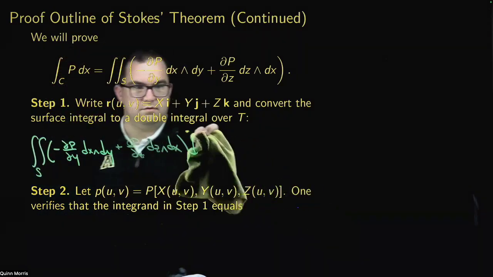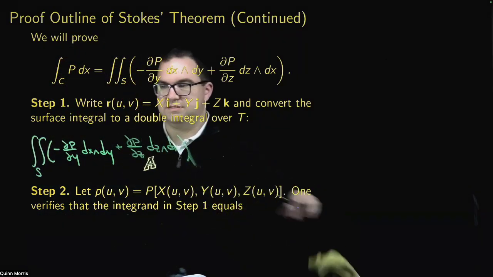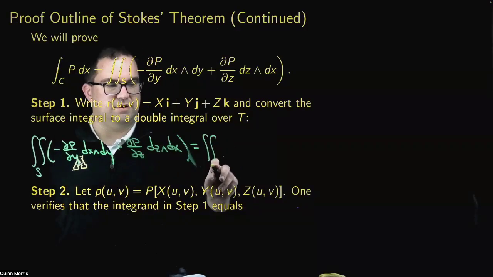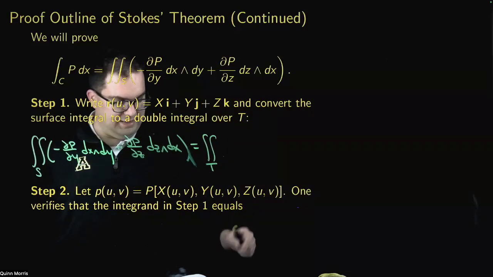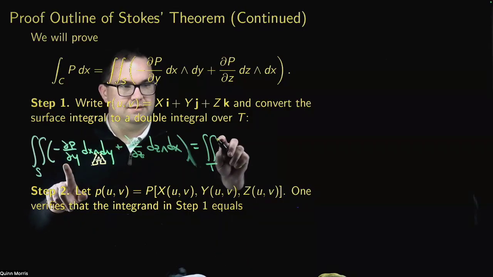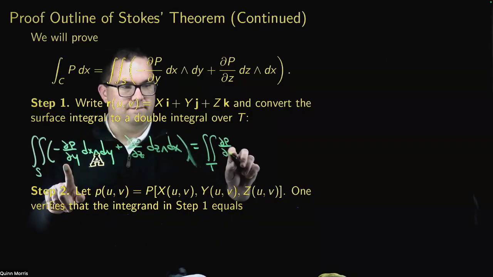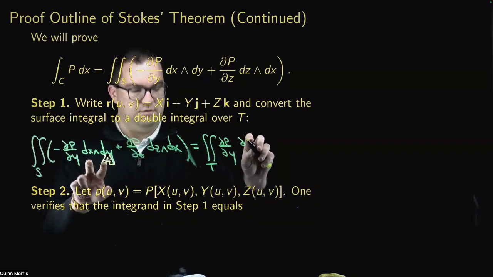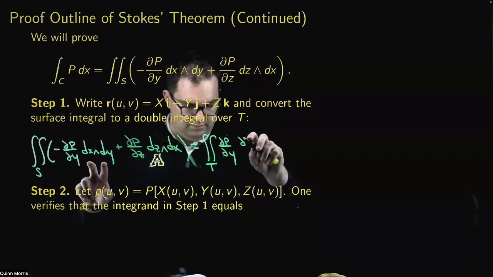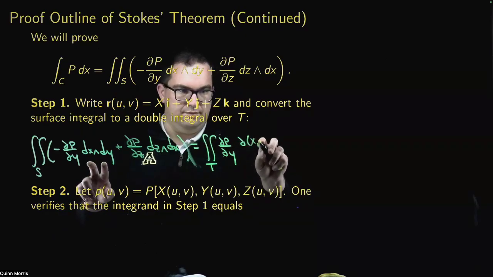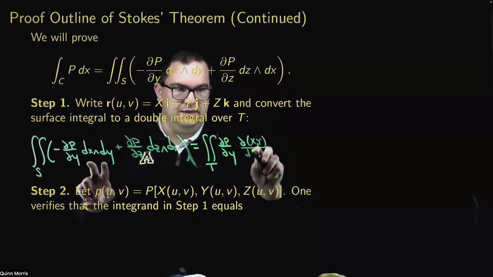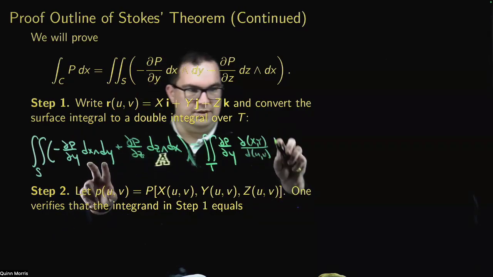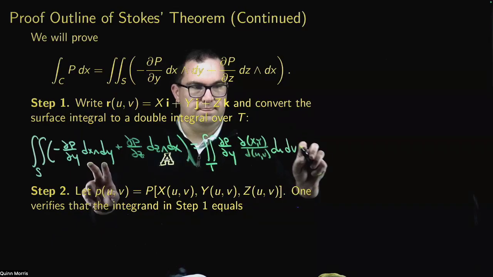Okay. So what does this really mean? Well, by definition, I'm going to integrate over T. For this part, I'll get dP/dy times that ∂(x,y)/∂(u,v), du dv.